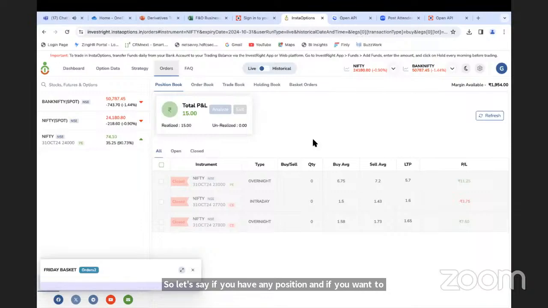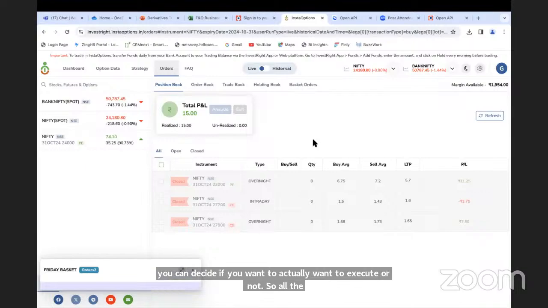If you add that particular extra leg, what can be the change in your strategy? So that is also possible. For your open positions, you can click on analyze, and then you can add a leg into it, and check what can be the outcome if you add that particular extra contract, and then you can decide if you want to execute or not.